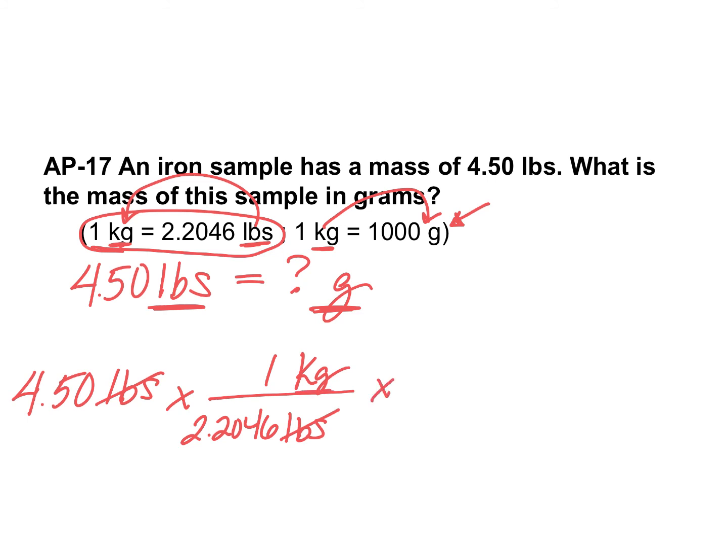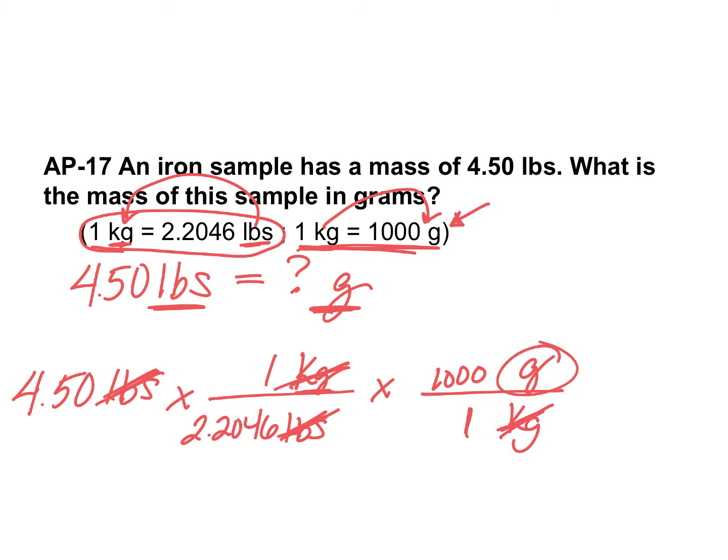Now I'm in kilograms, which isn't where I want to be. I want to be in grams. So in the next conversion, the kilograms need to be on the bottom so that they disappear, and I put grams on top, which is where I want to end up. Looking at this equivalency, 1 kilogram is 1,000 grams. So my pounds cancel, kilograms cancel, and I'm left with grams, which is what I'm trying to calculate.